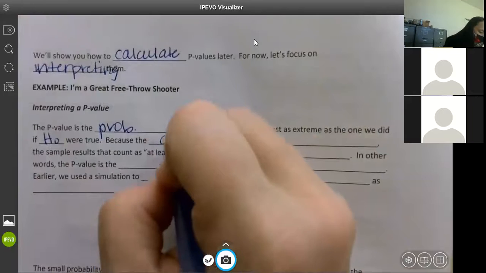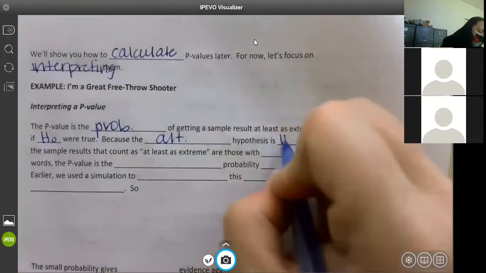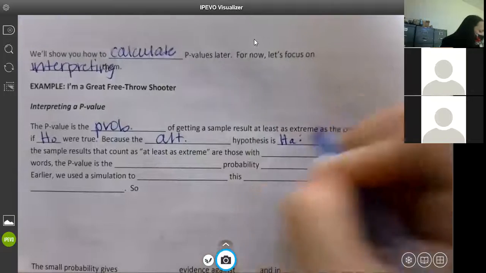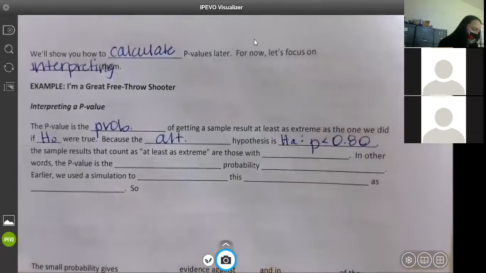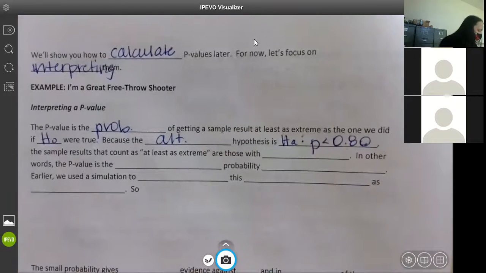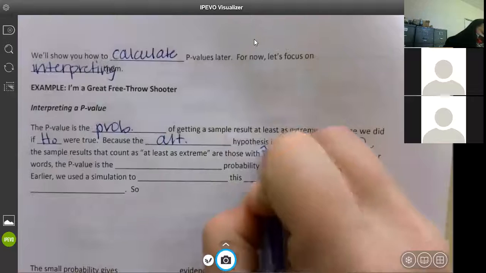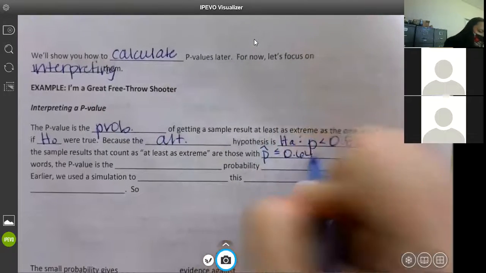Because the alternative hypothesis was that it was less than 80, the sample results that count as at least as extreme are those with p hat less than or equal to 0.64.